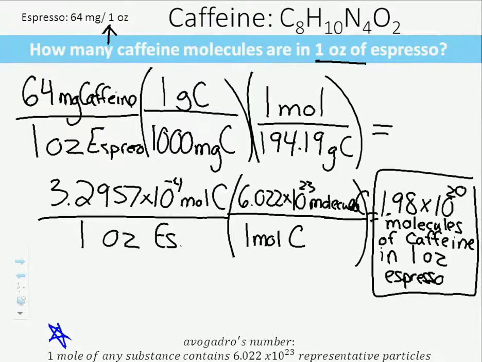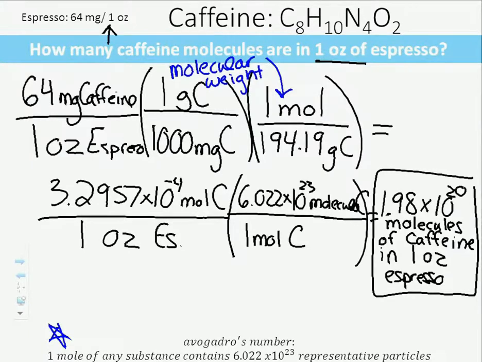So with this, you really need to make sure you understand 2 things. This conversion factor here, what is that called again? Our molecular weight. So you use the molecular weight to get from grams of a substance to moles of a substance, or from moles of a substance to grams of a substance.